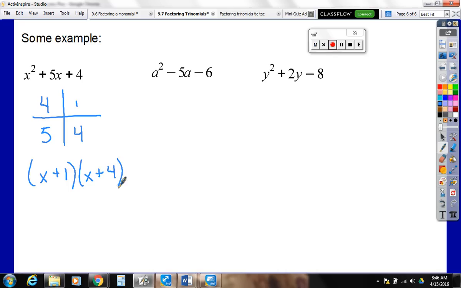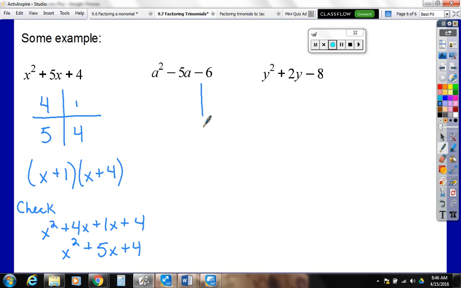And then we should always check these, especially in the beginning, to make sure we're doing it right. Check by multiplying through. We have x squared plus 4x plus 1x plus 4, which is x squared plus 5x plus 4.